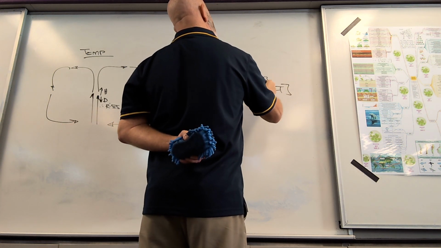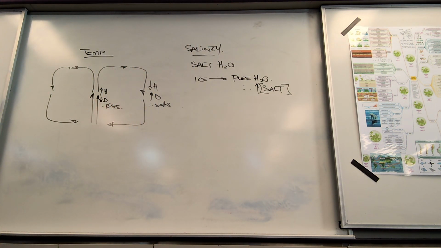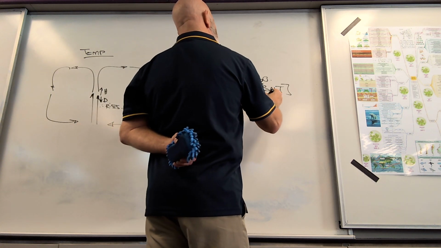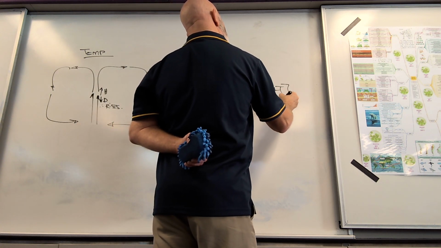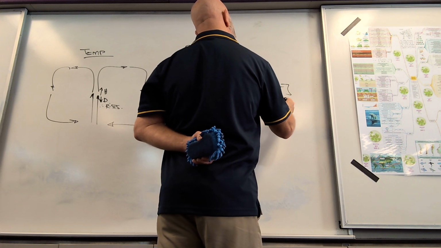Square brackets mean concentration. You get an increase in the salt concentration because the salt is left behind. What happens to the weight of that salt water? The weight increases because it's got more salt in it. Increase in weight. Therefore, it sinks.